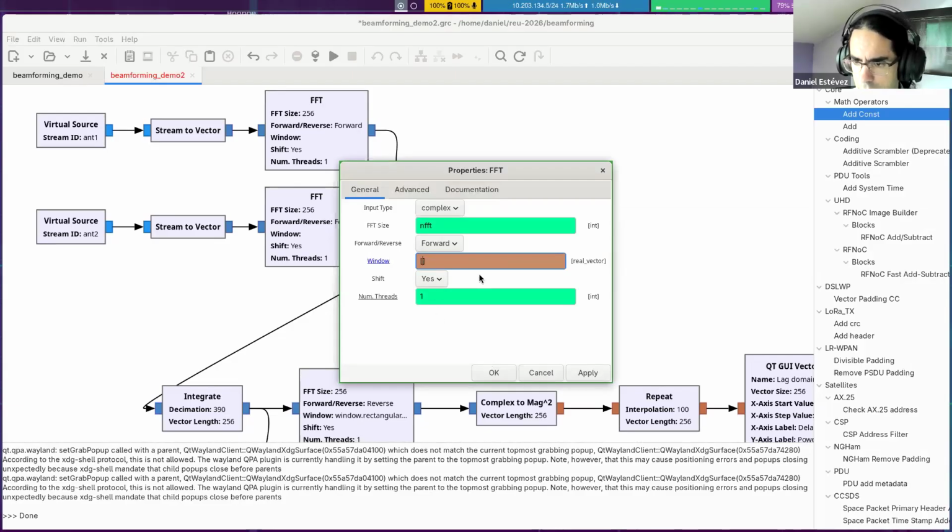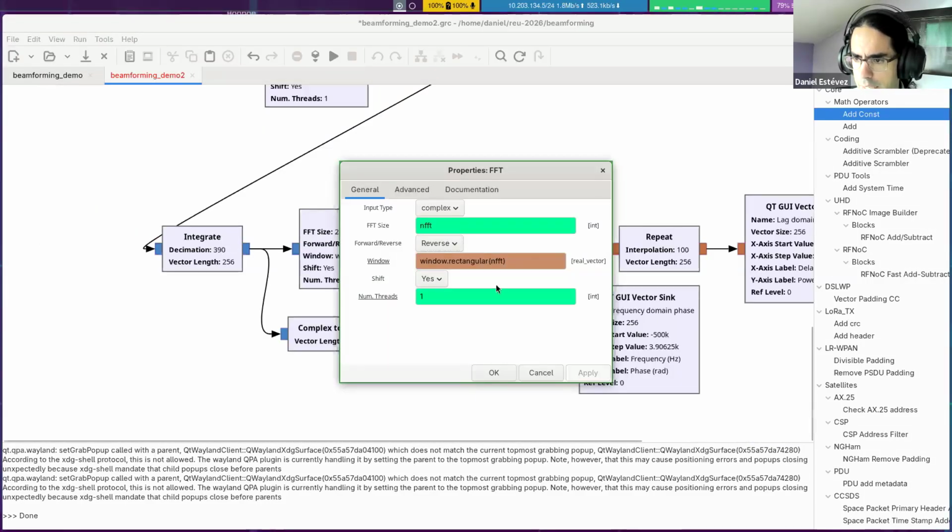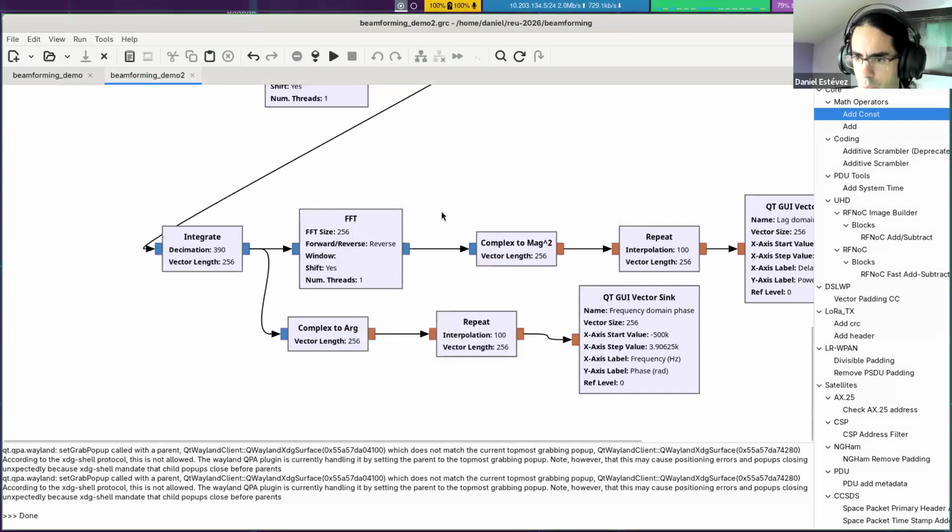It's difficult to see when they are close together, but it's just an empty list. That means no window, or rectangular window. Here I don't know why I've written window rectangular, but it's basically the same. I could also set it like this. It's actually faster this way because now GNU Radio knows that there is no window and it just skips the multiplication by the window. So important, we are doing FFTs with no window.